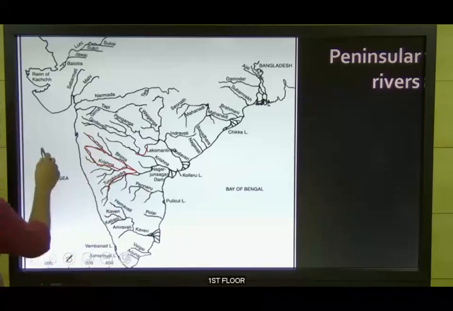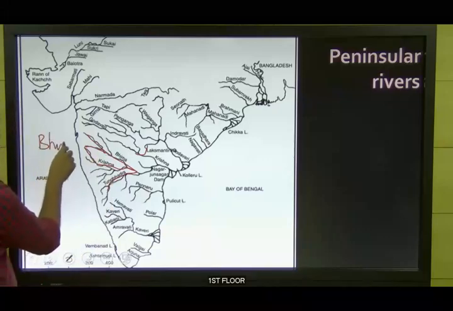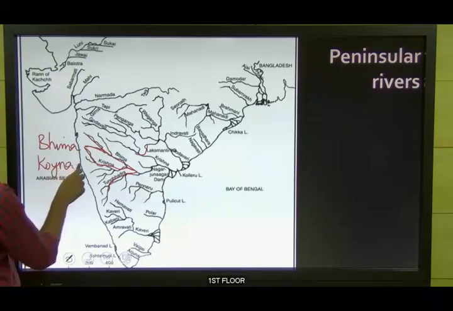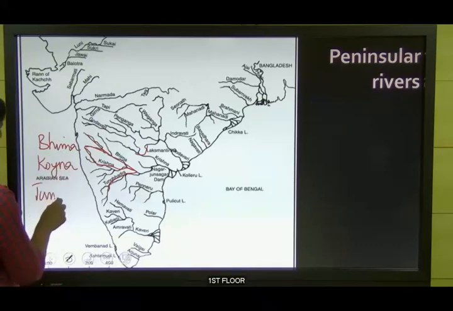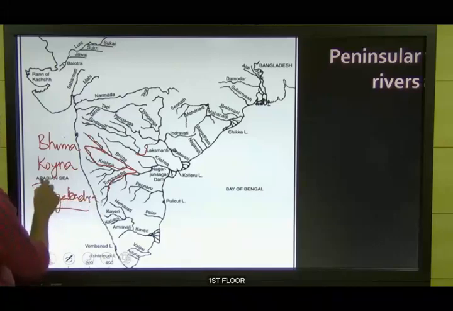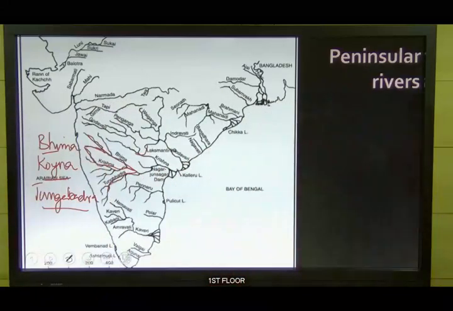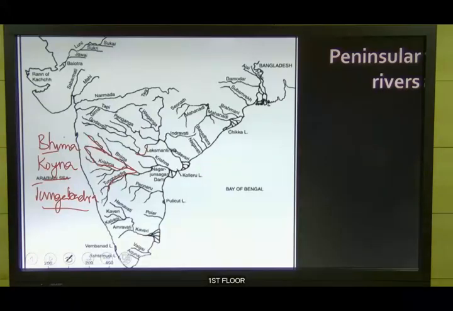So Bhima, Koina and Tungabhadra are the tributaries of Krishna. And as I have told you, it also forms a delta where it meets the Bay of Bengal. It drains Maharashtra, Karnataka, Andhra Pradesh and Telangana.